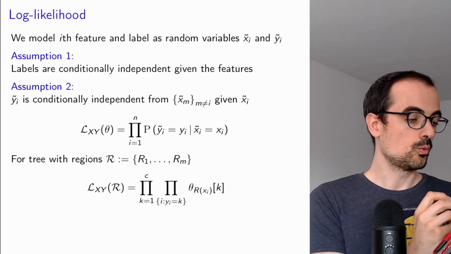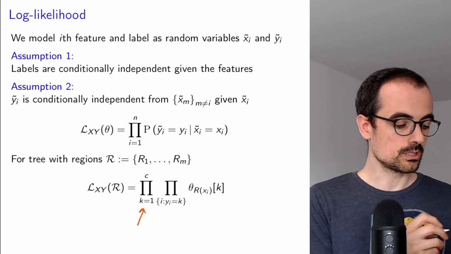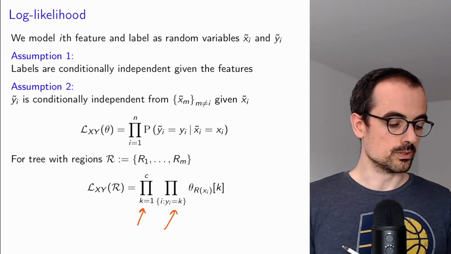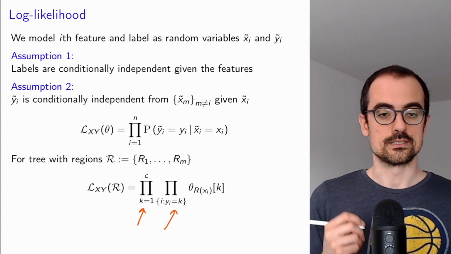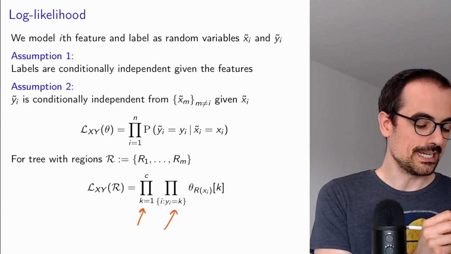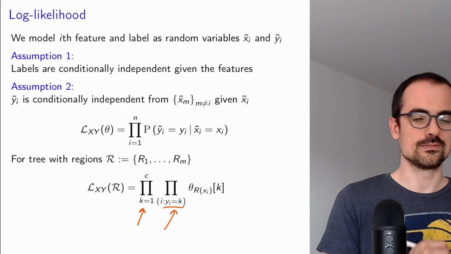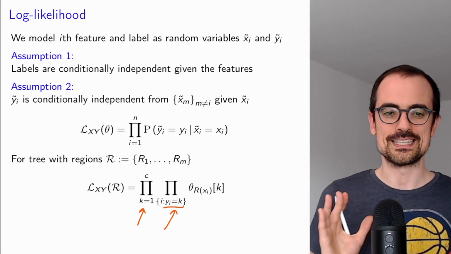The way this is going to work is we're going to look at all the possible classes, and all the possible data points, so the data points that correspond to this class. You can write this in several ways, but let me say this right.